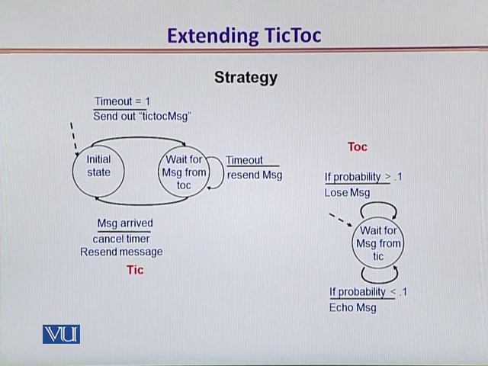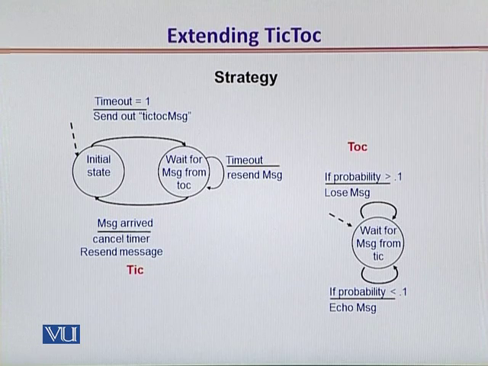On the TOC side, TOC is on the receiving mode. So, to begin with, if a packet comes and it has a loss probability of greater than 0.1, it means the packet will be lost and this TOC is not going to do anything. So TIC is going to retransmit.